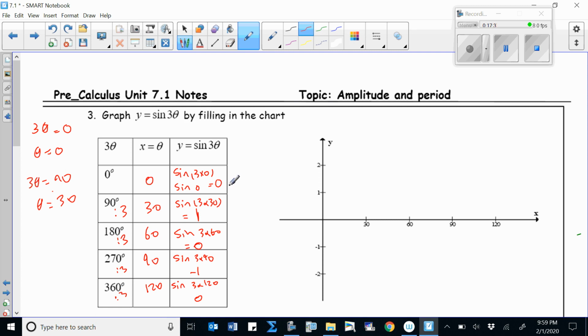So when x is 0, y is 0. When x is 30, y is 1. X is 60, y is 0. X is 90, y is negative 1. And x is 120, y is 0. So this will be the graph of the function y equal to sine of 3 theta.